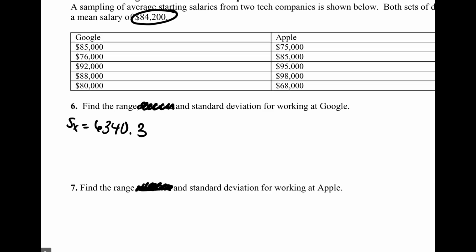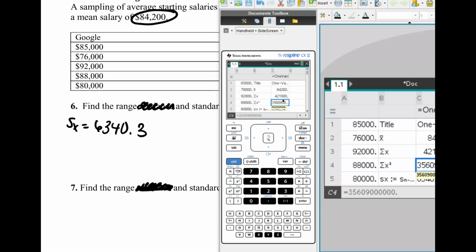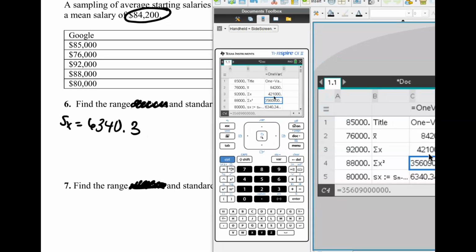I got 0.4. I didn't get that right. But it's 0.34. So it should be 0.35? SX. Yeah, it's 0.35. Did I enter something wrong? Maybe you entered something wrong. I got 0.35.